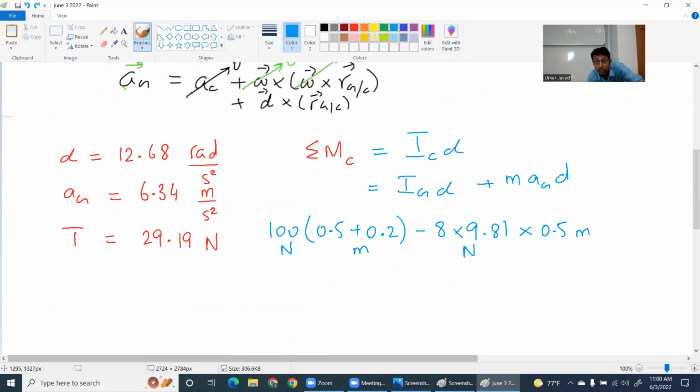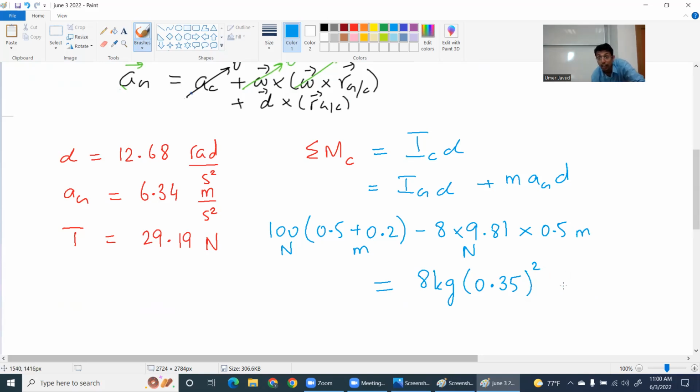Let me finish it. So this is equal to IG alpha. Now use the imagination. What is IG? It was MR square, right? No, sorry, MK square. I apologize. What is K? Let me double check that the screen is shared. Okay. K value was 0.35.